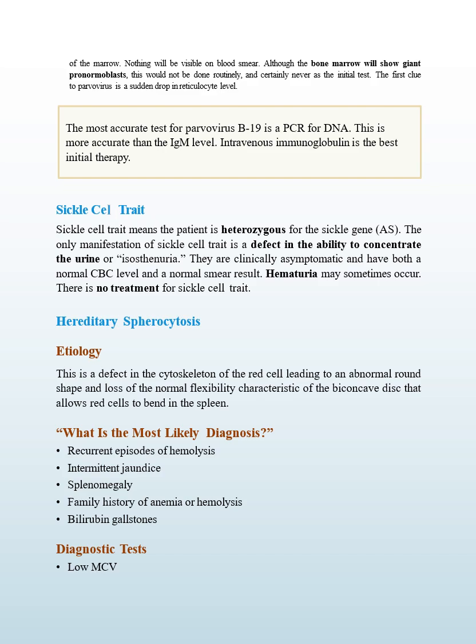The most accurate test for parvovirus B19 is PCR for DNA. This is more accurate than the IgM level. IV immunoglobulin is the best initial therapy.